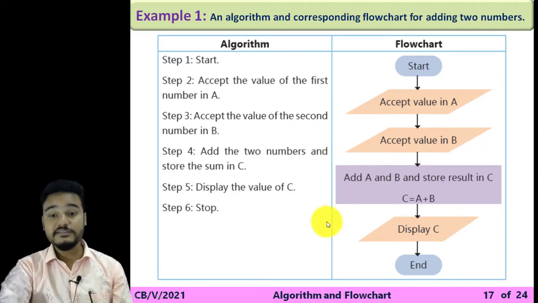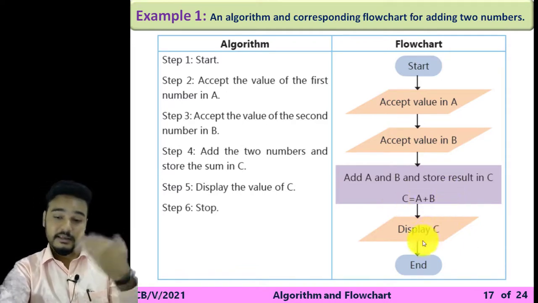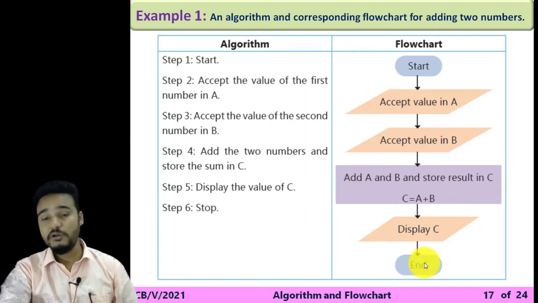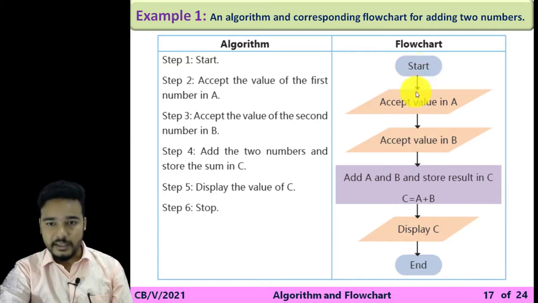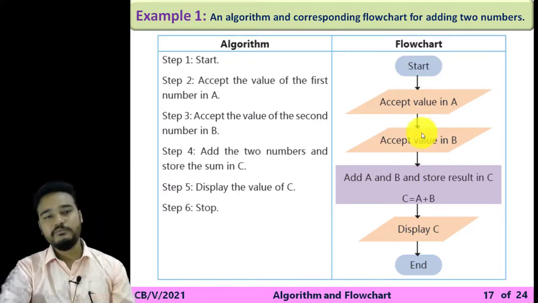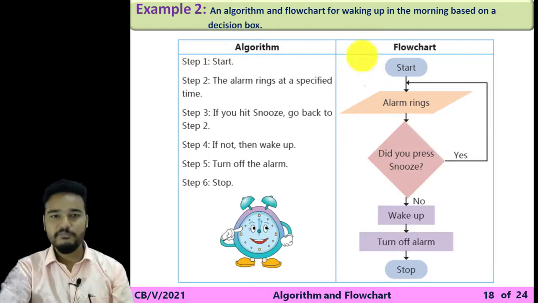Here a rectangle is given, that is for processing: add A and B, that is C is equal to A plus B. Again a parallelogram for showing the output, and again an ellipse for its end. And can you see the arrows from start to this parallelogram to this parallelogram? Means arrows are going from top to bottom. Understood? Very nice example.